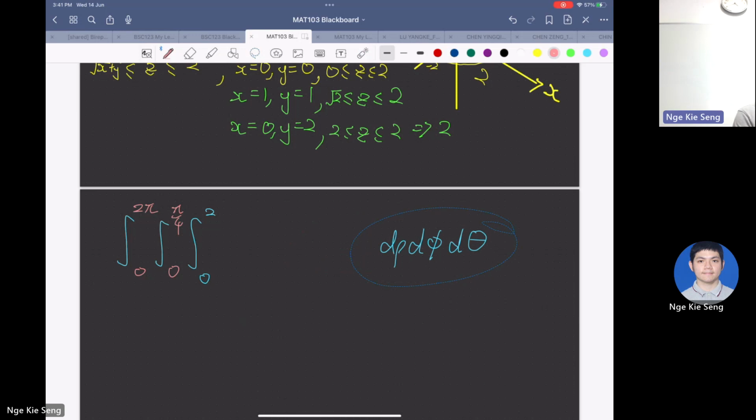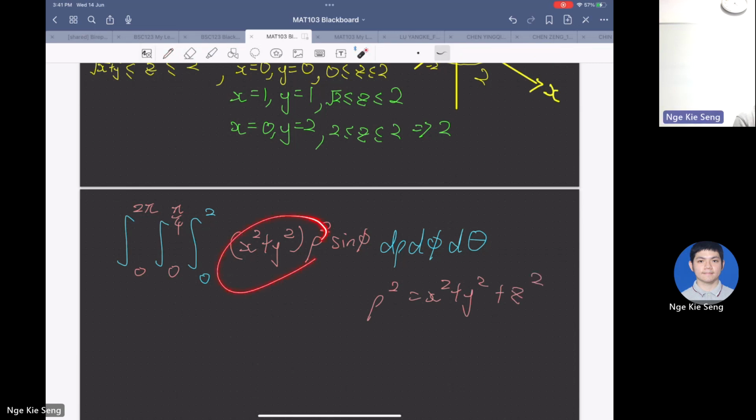So what's our function here? Our function is x squared y squared. I think it's kind of hard to go from just x squared y squared. Is it hard or not? Because the only relation we know is rho squared equals x squared plus y squared plus z squared.